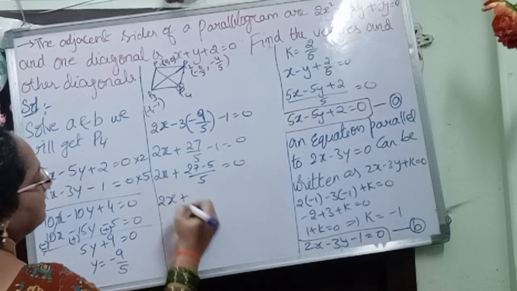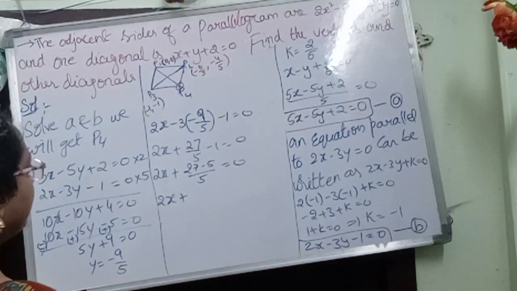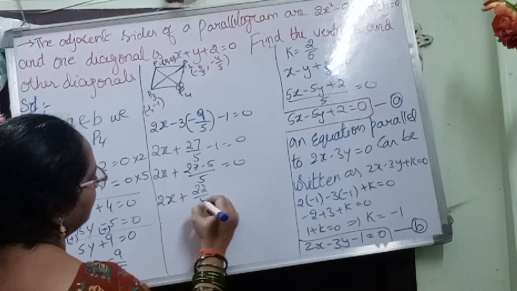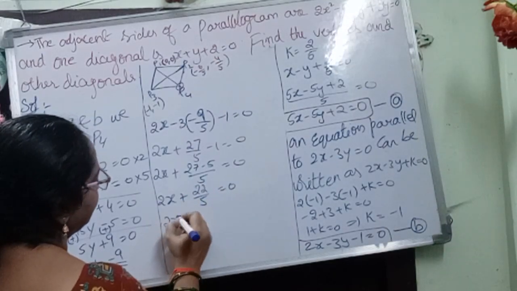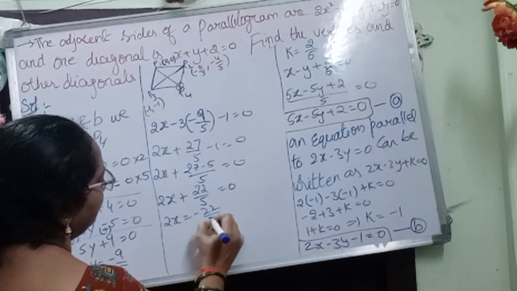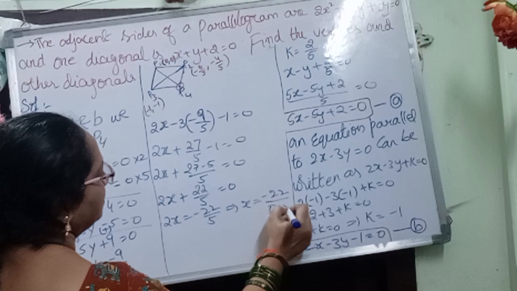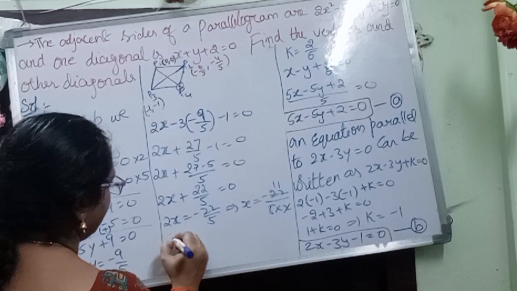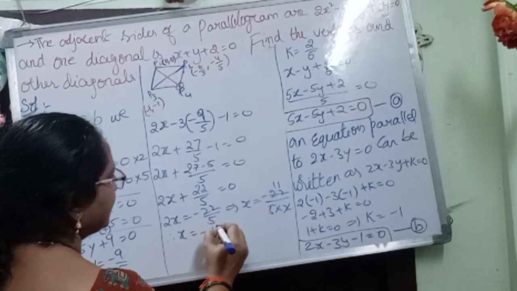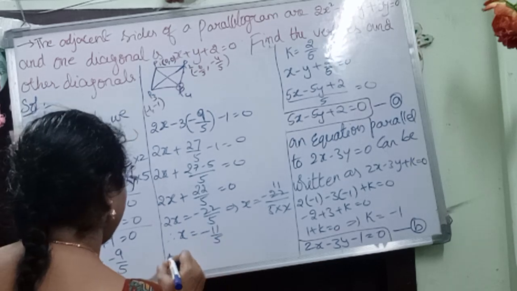So 2x plus 27 minus 5. 27 minus 5 is 22 by 5 equal to 0. 2x equal to minus 22 by 5, which implies x equal to minus 22 by 5 into 2. 2 into 22, 11 times. Therefore x is equal to minus 11 by 5. So what is the point P4?